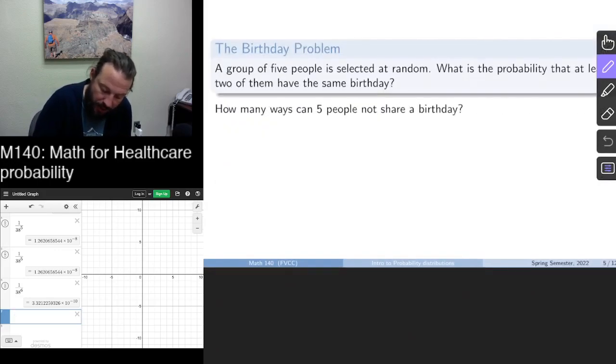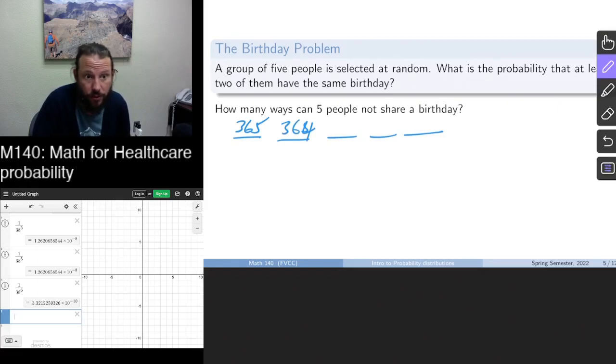Okay, so let's think about that. So not sharing a birthday. Well, we still got the 5 slots. There's 365 for the first one. What about for the second? Oh, 364 now because the second person can't have the first person's birthday, and the third person can't have either of those birthdays. 363, 362, 361.